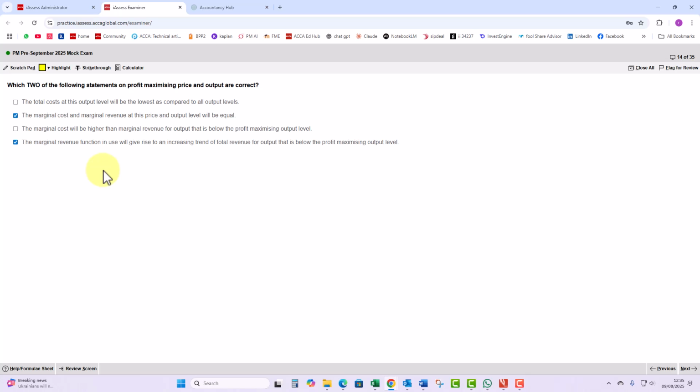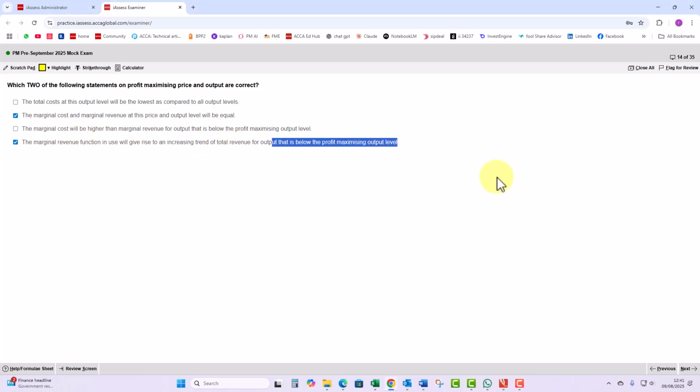The marginal revenue function in use will give rise to an increasing trend of total revenue for output that is below the profit maximizing output level. You'd be very forgiven for just ticking that and moving on, because that's a very hard sentence to get your head around. It's probably easier to attack it in reverse. So for output that's below the profit maximizing output level, we would expect an increasing trend of total revenue for the marginal revenue function that is in use.